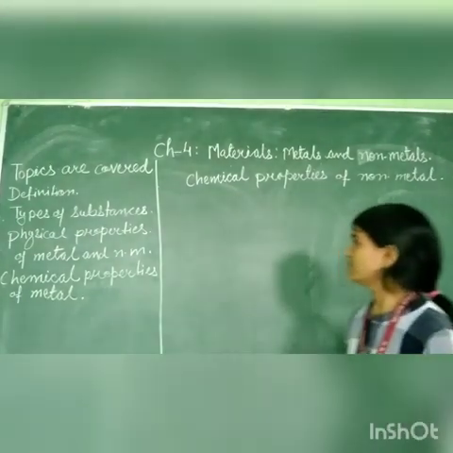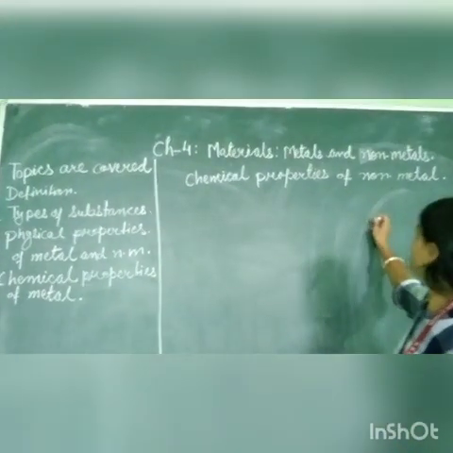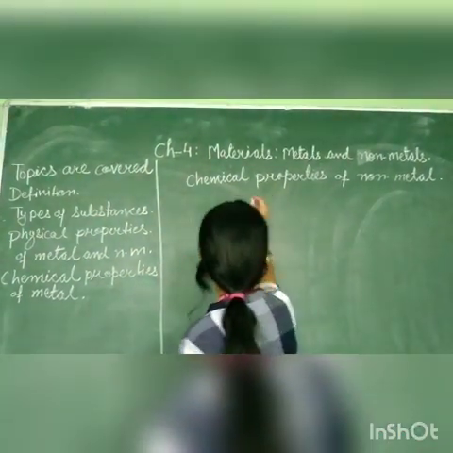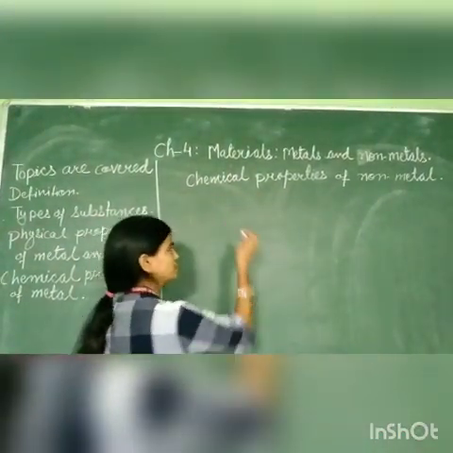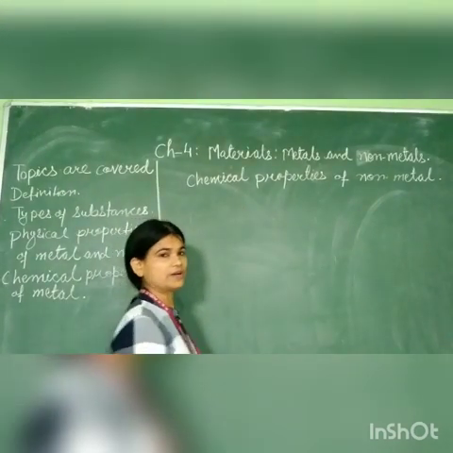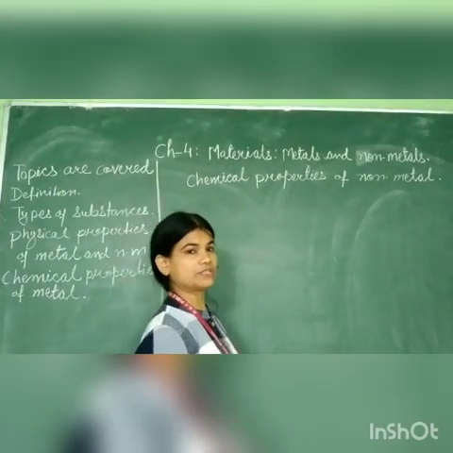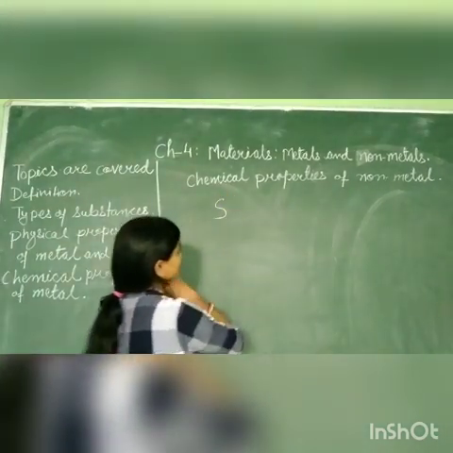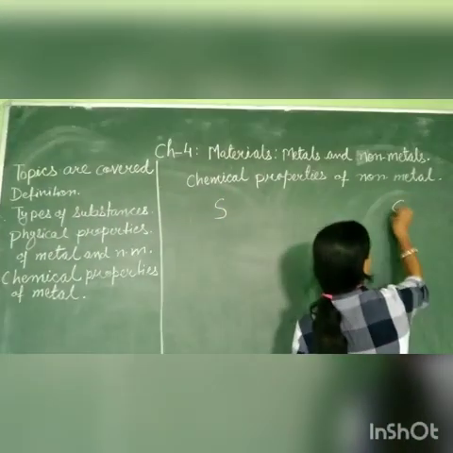Okay, let's now discuss the chemical properties of non-metals. For this you can take any non-metal, but a solid form is best, as a solid gives the best experiment. So I am taking sulfur. You can take carbon also.